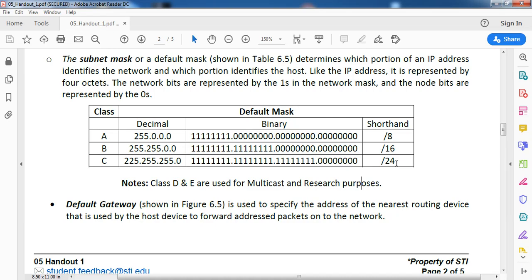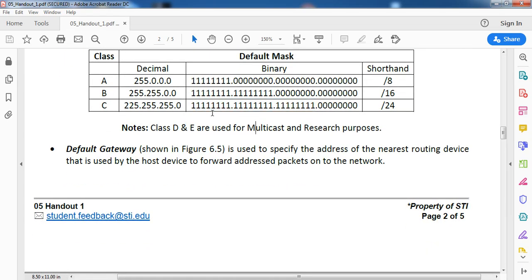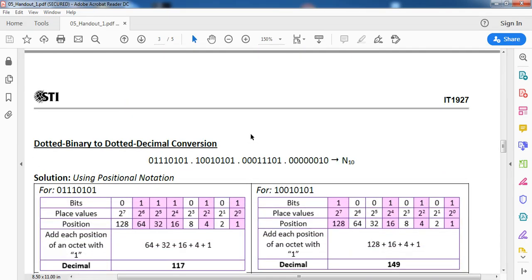Shorthand is /24 to denote the number of ones in the subnet mask or the default mask. We will be using this because we were already able to determine that this is class C. So we'll use that default mask /24 to be able to separate the network ID from the host ID.